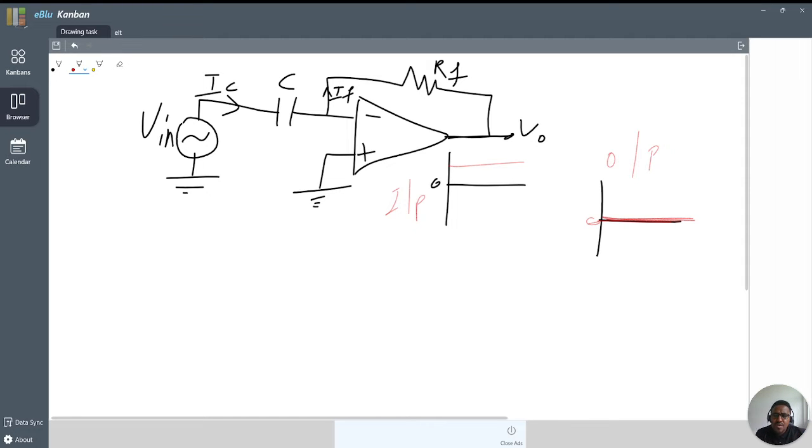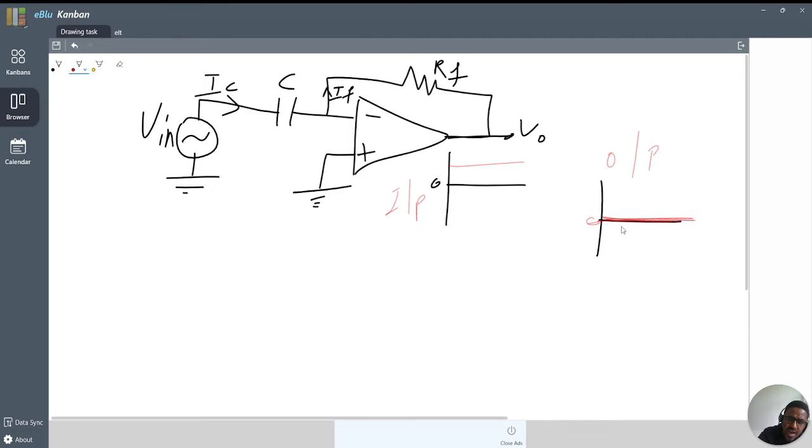Why? Because the signal is not changing with time at all. Our DC source has no frequency. So the output of the op-amp becomes 0 because the signal is not changing with time.